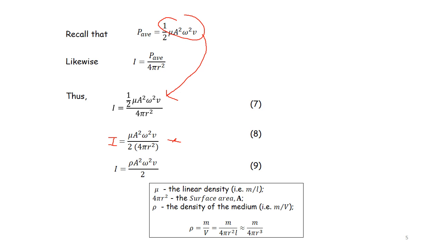And we can also express the intensity as equation 9, where instead of using the linear density, we're now talking about the actual density in 3 dimensions, rho, whose unit is kilogram per meter cubed, unlike mu, which is kilogram per meter.